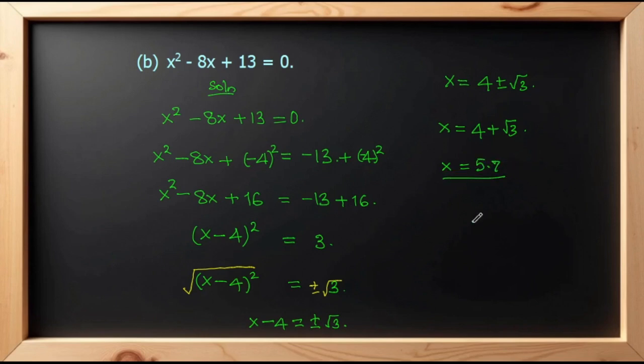Then let's consider the lower sign. So we have here x equals 4 minus root 3. So if we again simplify this from our calculator, we get 2.3. So these are the solutions for the second part of this question.